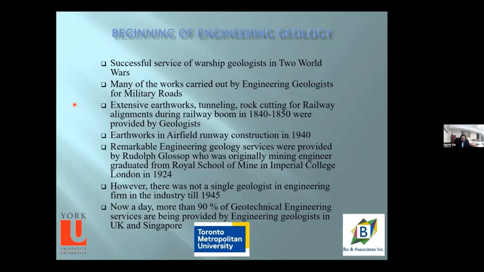Remarkable engineering geology services were provided by Rudolf Glossop, who was originally a mining engineer, graduated from the Royal School of Mines, Imperial College in London in 1924. Surprisingly, however, there was no single geologist and engineering firm in the industry until 1945. Nowadays, more than 90% of geotechnical engineering services are being provided by engineering geologists, especially in the UK and Singapore.